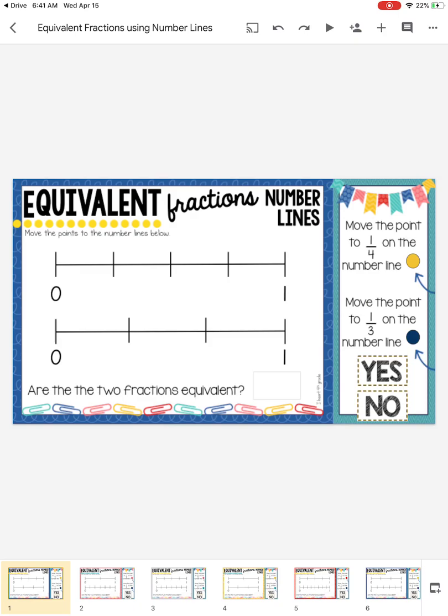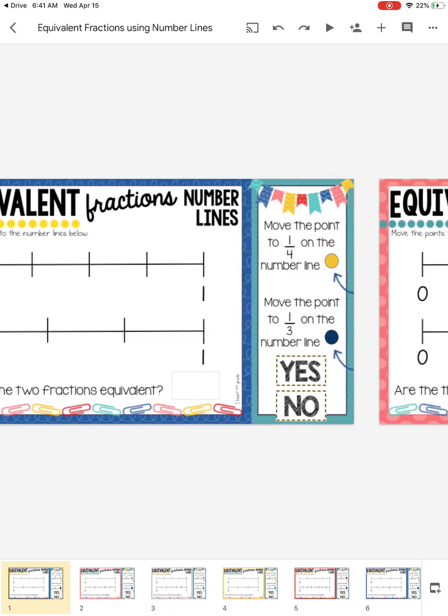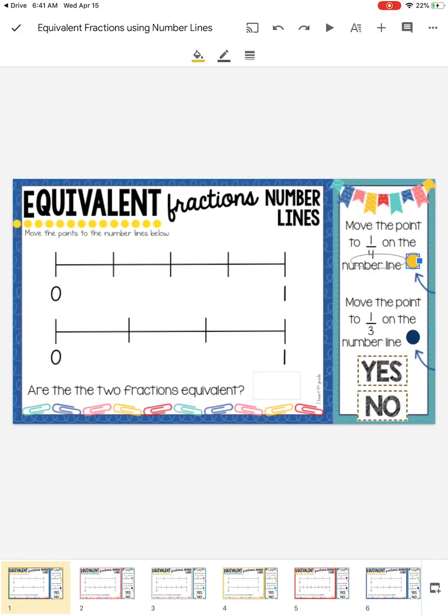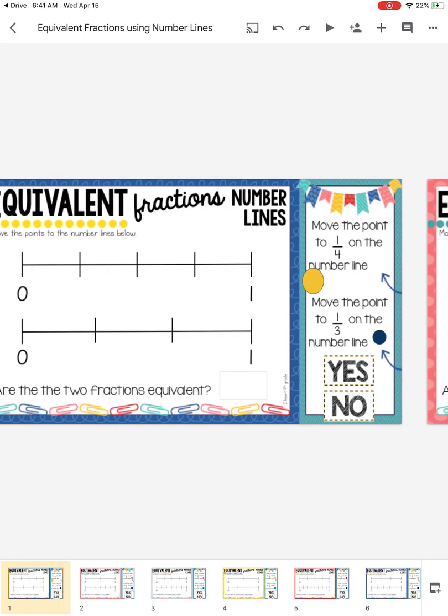It wants you to put on this number line where that fraction would go. So let's look at this number line. I want you to see how many pieces is this number line divided into. 1, 2, 3, 4. So we're going to put 1/4. You'll click and drag this if it will let me.